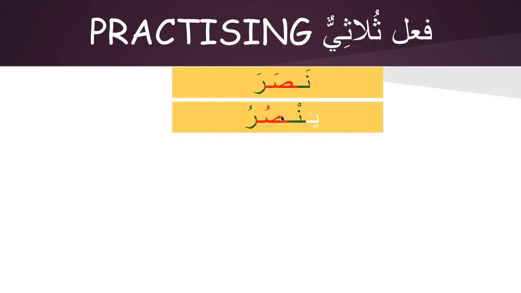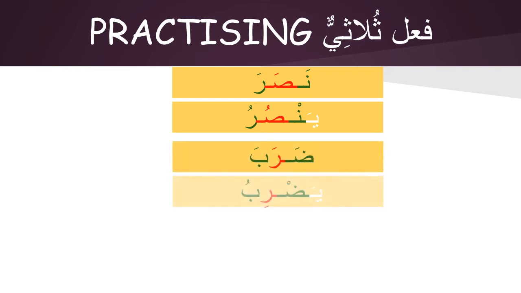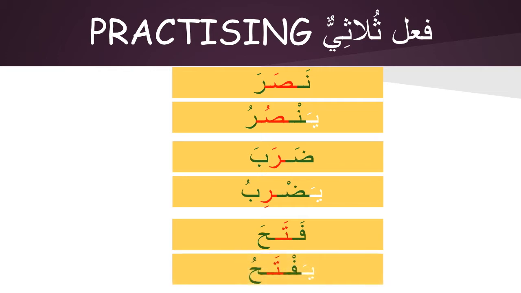The fa kalima will always have sukoon and the lam kalima will always have dhamma, and the change takes place only in the ain kalima, where it can have fatha, dhamma and kasra. So if you see here: nasara yansuru, daraba yadribu, and fataha yaftahu.